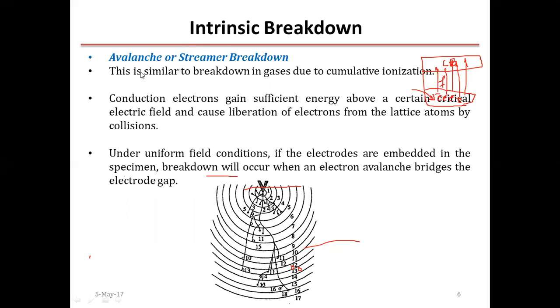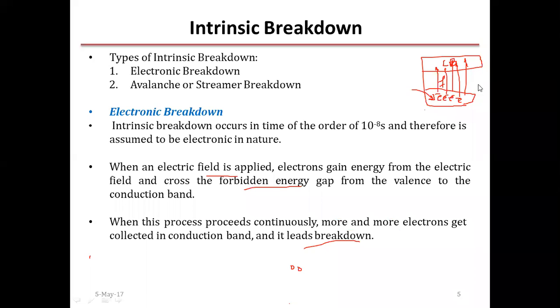This is similar to the breakdown in gases due to cumulative ionization. The conduction electron gains sufficient energy above a certain critical electric field and causes the liberation of electrons from the lattice by collision. The only difference between the electronic and avalanche breakdown is the collision. In electronic breakdown, the electrons get energy from the external agency only, and jump to the higher conduction band.